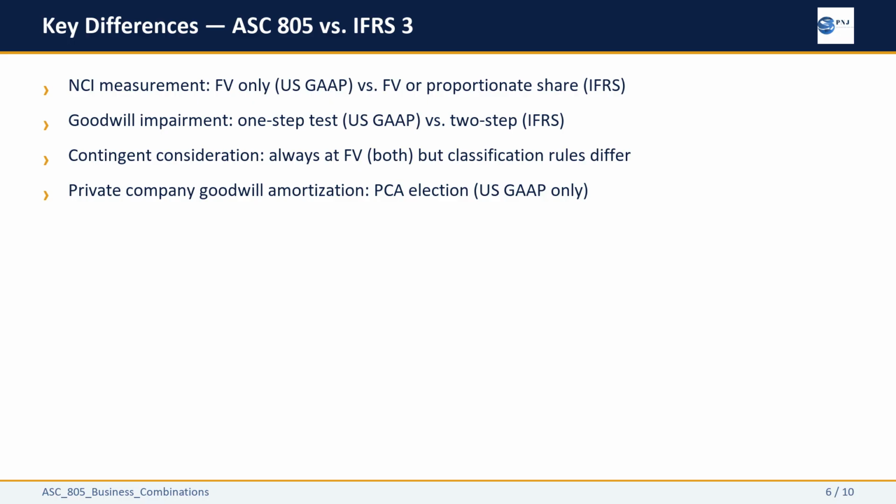IFRS uses a different framework based on cash-generating units. For contingent consideration, both standards require fair value recognition on day one, but the detailed classification criteria differ slightly. And the private company accounting alternative allowing goodwill amortization over up to 10 years exists only under US GAAP. IFRS does not offer this election.